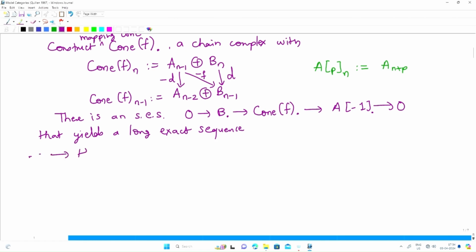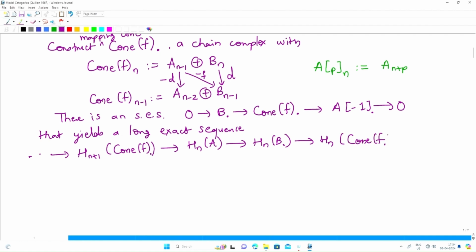So dot dot dot, H n plus 1 of cone f, okay, then H n A dot, H n B dot, then H n cone f dot.